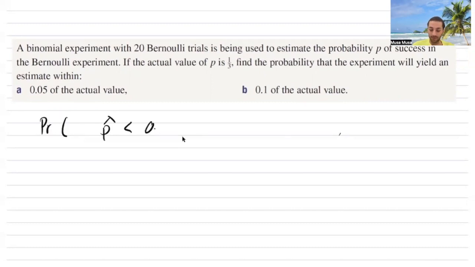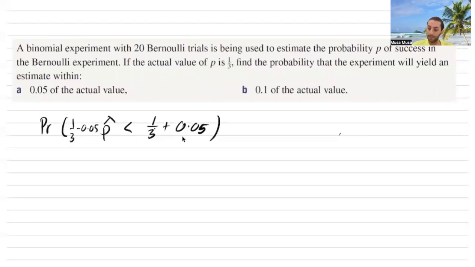So what's the actual value? A third. So a third plus 0.05, and then a third minus 0.05. That's what it's asking. What's the probability that the p hat that we obtain by doing the experiment and taking the number of x's and dividing it by n is plus or minus 0.05 from that third?